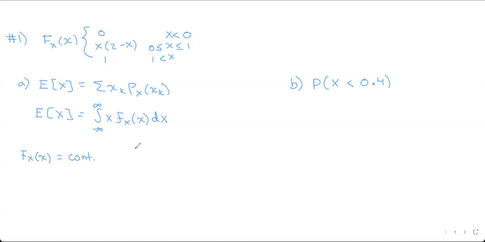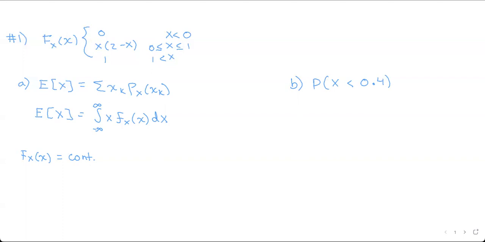An example of a discrete CDF would be, for instance, if this middle section was just some number like 0.5, it would jump from 0 to 0.5 to 1. So that's an example of a discrete one. But in this case, we have a continuous function. And because our CDF is continuous, we can calculate the expectance using the integral form.